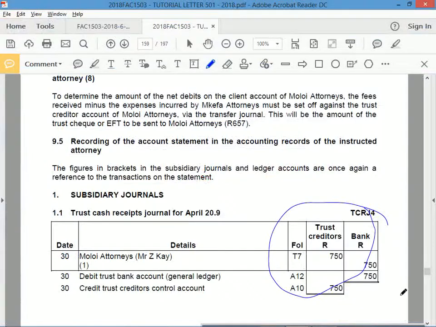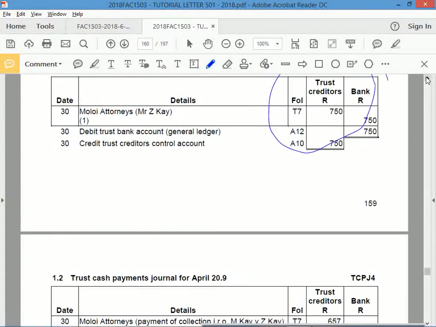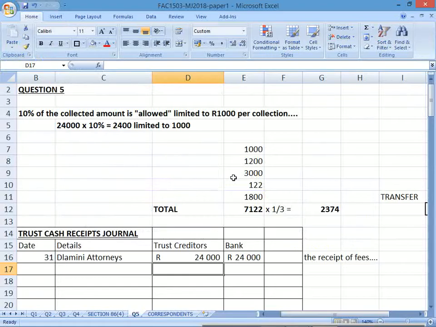The next part. Maybe let's also record the debits and credits while we've got this, just to save some time. This 750 is going to affect the bank and the trust creditors. Do you agree? Because that's what you're doing when you're receiving money. Let's record that.